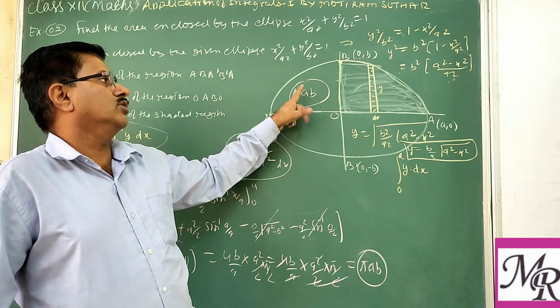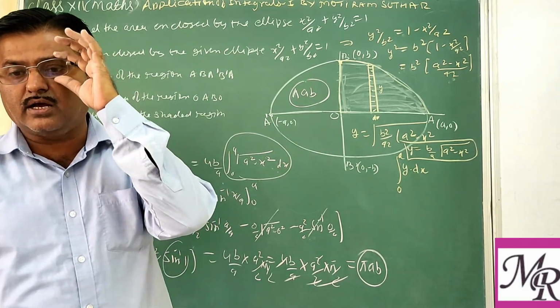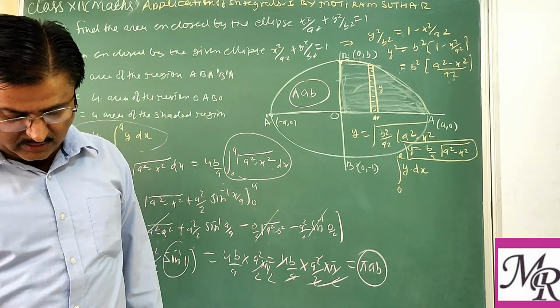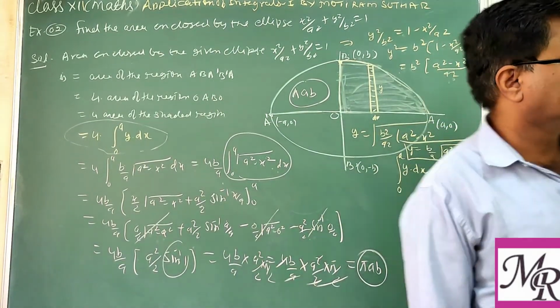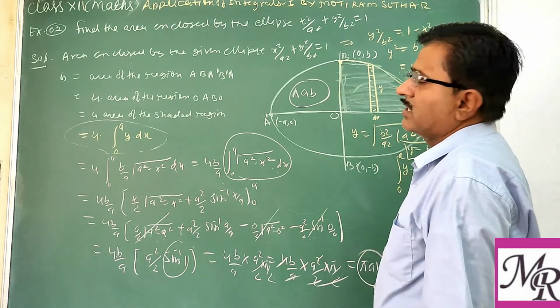So that can also be used, as in the case of the circle. The area of a circle is pi r square. Similarly, you can find the area of the ellipse. Clear?